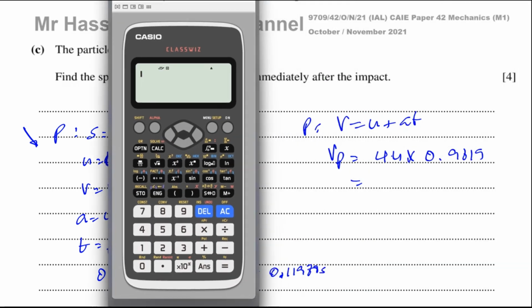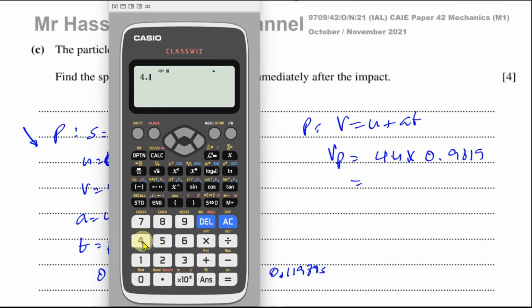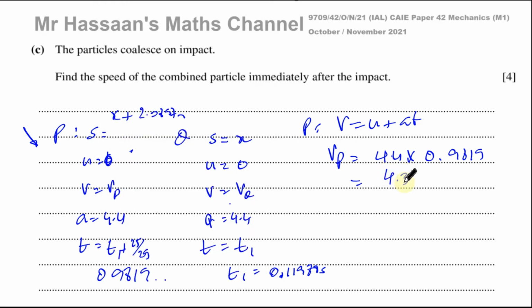So 4.4 times 0.9819 is going to be 4.3203 meters per second.